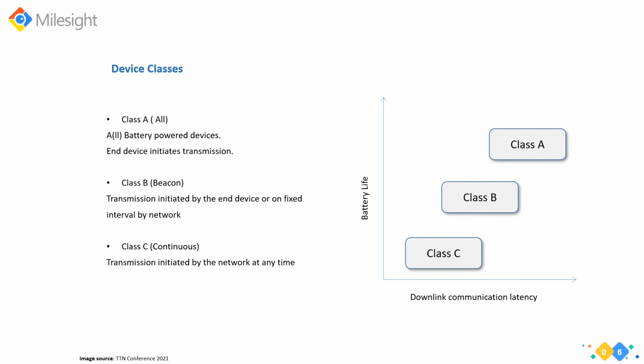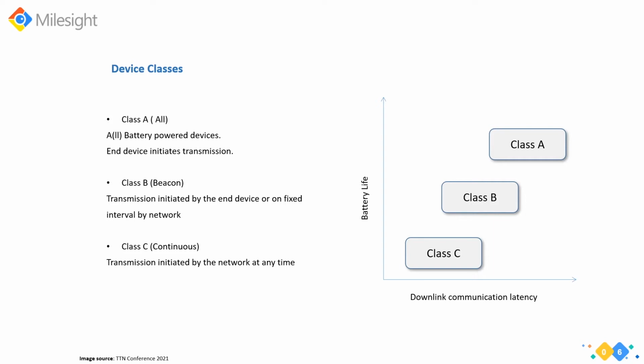Class B is beaconing. A beacon is sent by the network at a fixed interval, and the end device can pick up this beacon and wake up to receive a downlink message. So Class B devices are in deep sleep, but they wake up at a time interval to listen to messages from the network.